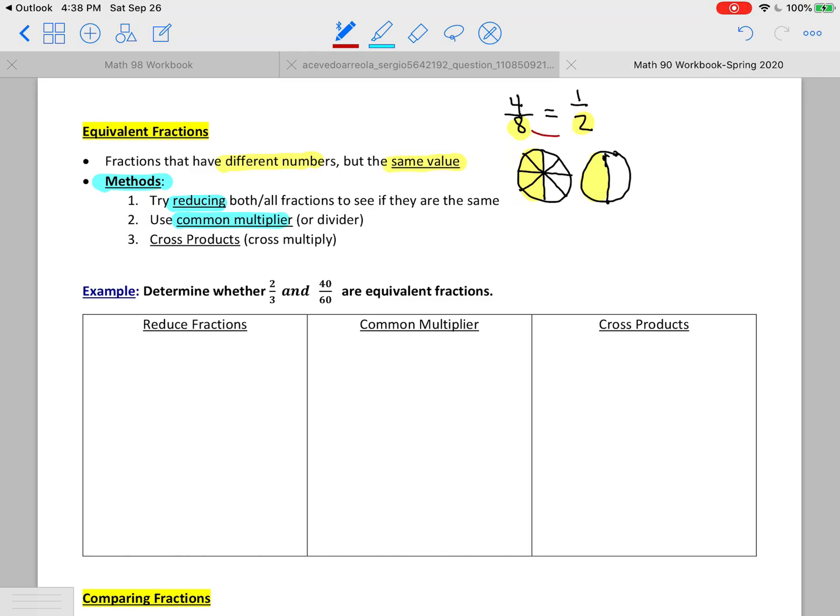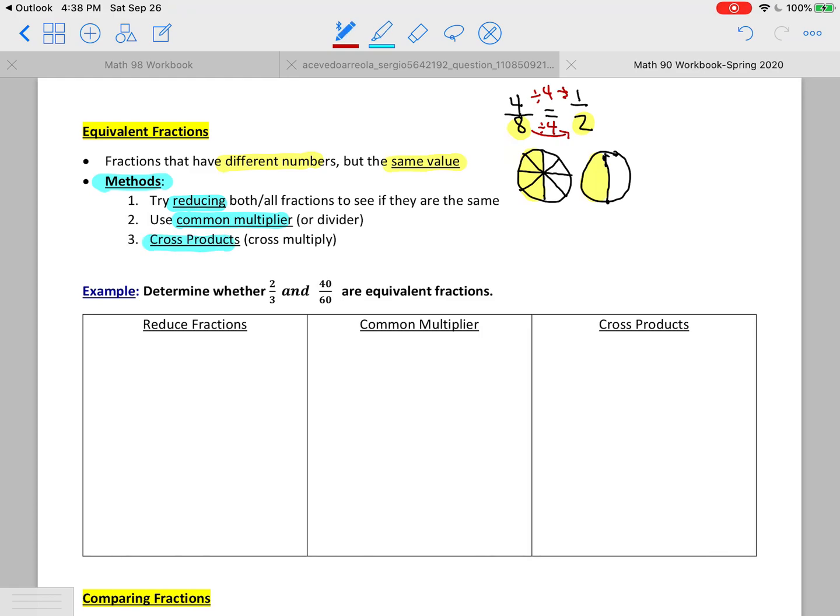So if I were to go back here and I'm looking for a connection between the two, I can see, oh, well, if I went from right to left, it's a common multiplier of 4. But if I go from left to right, I'm dividing by 4, which means I have to do the same on top. Otherwise, I'm changing the value if I don't do the same top and bottom. But you can see that totally works, right? So that's this idea of common multiplier.